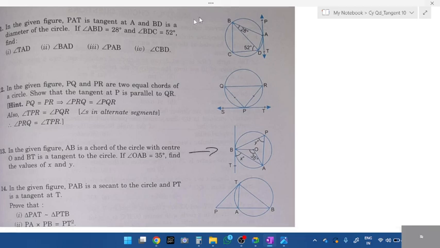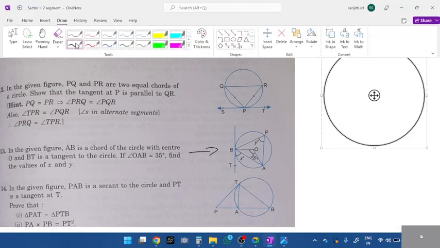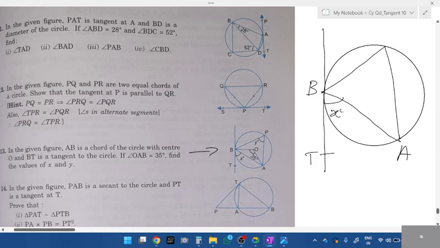This is a tangent, T. AOB is 35 degrees.